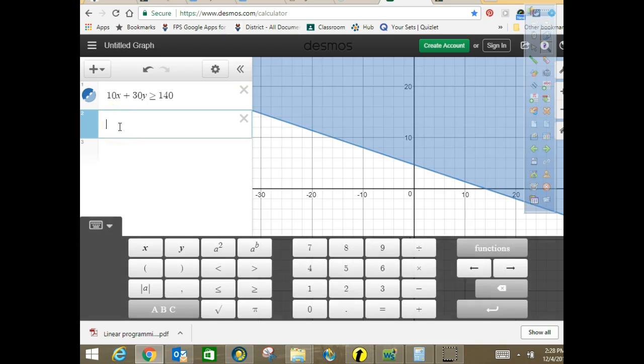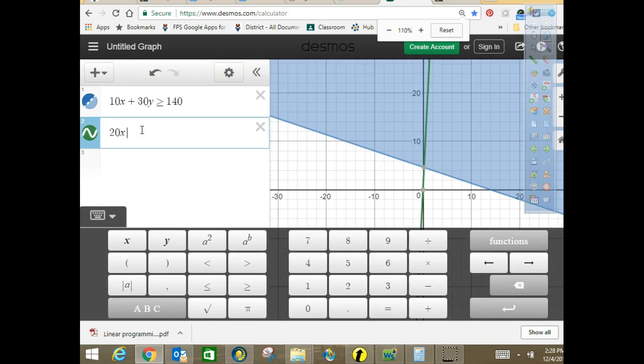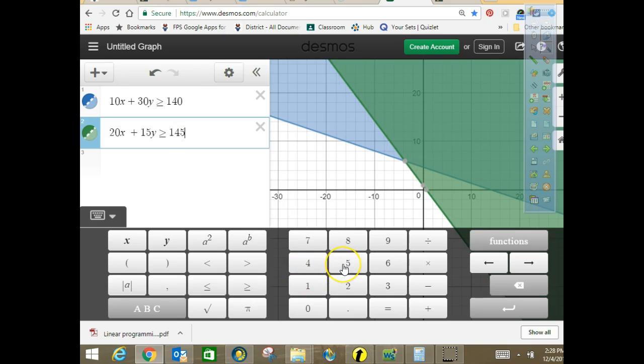Going to your second equation, our second equation was 20x, and then we're going to have our plus 15y, and again this one was greater or equal to 145.